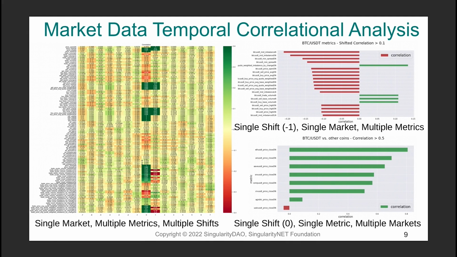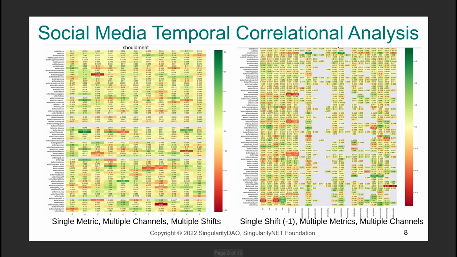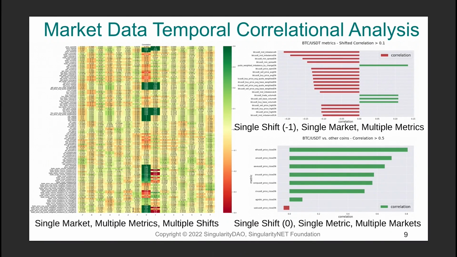Another example can be applied to market data. The slide before was about social media data, and here we have the correlation of market data. On the left you see a single market, BTC USDT in this case, and multiple metrics on the vertical axis and shifts on the bottom horizontal axis, and you can see that most of the metrics are correlated with the price at 0. So price is highly correlated with almost everything, and some of the metrics are highly correlated positively or negatively with price at +1 point.